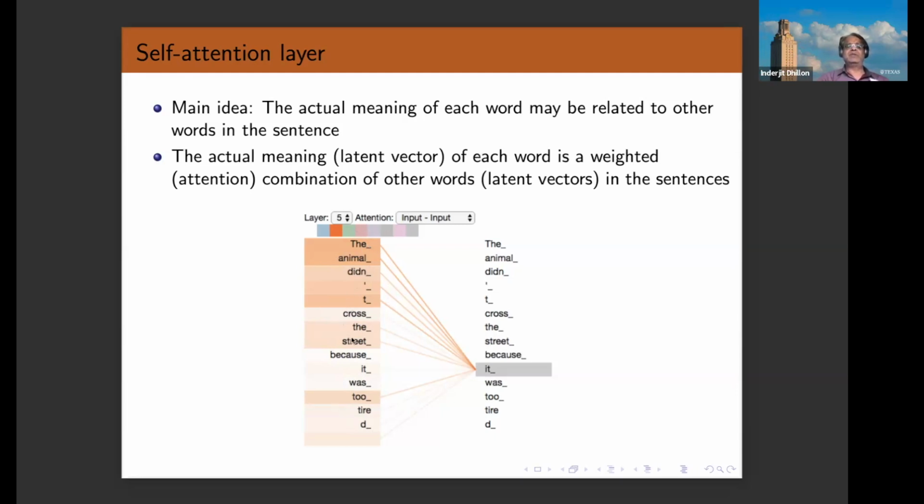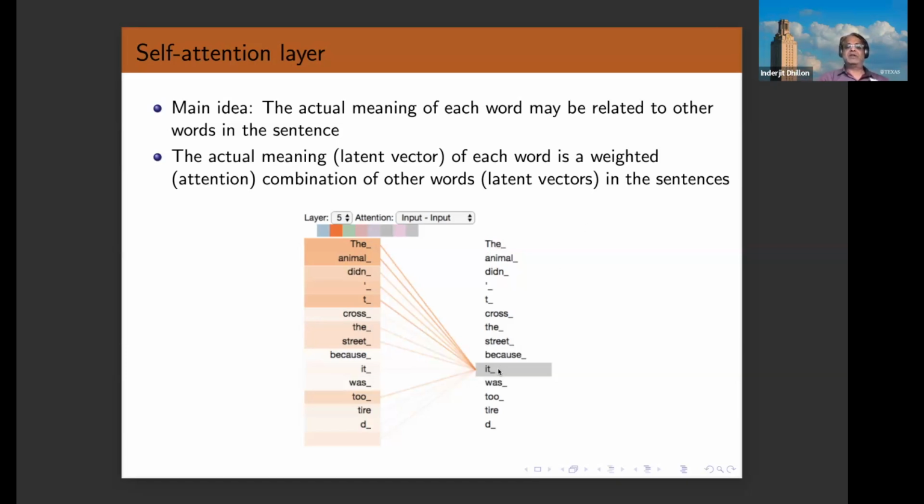We said there were 14 tokens here, so this will be a list of 14 512-dimensional vectors. And then it'll get transformed by each layer from the input set to the output set. And in between, the first thing that will happen will be an attention.